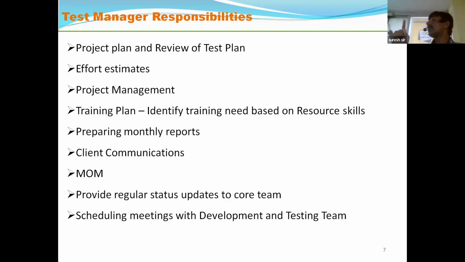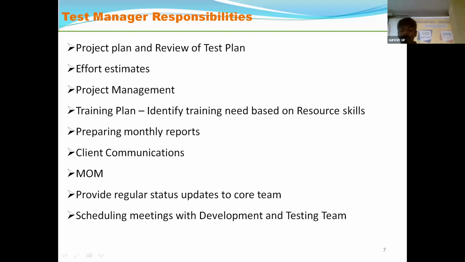So the manager level also needs to note what exactly was done in the meetings and what points were discussed, in preparing the minutes of meeting, and then take care of updating the status to the core team.